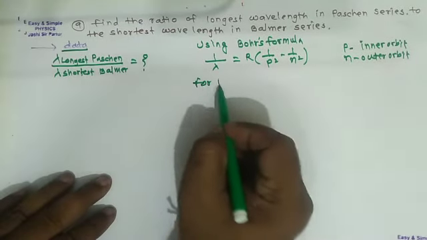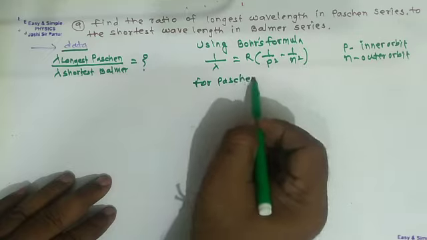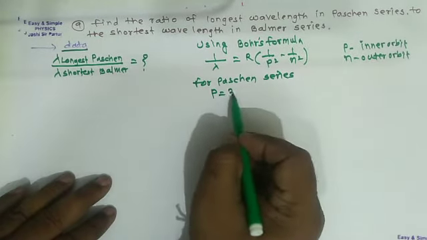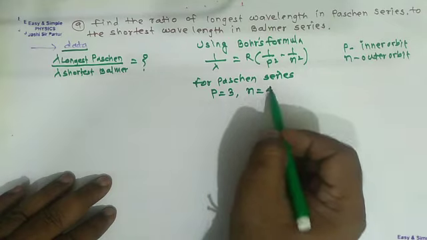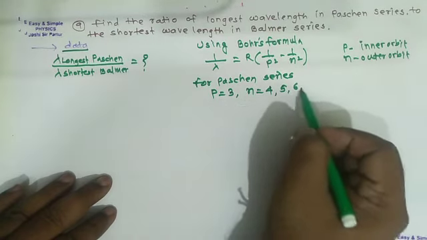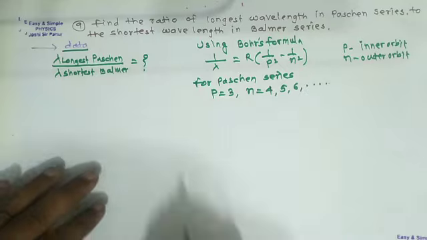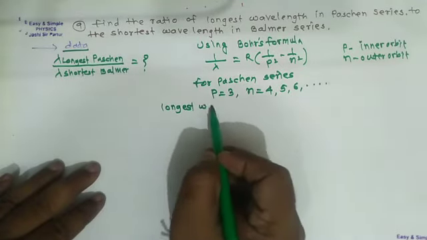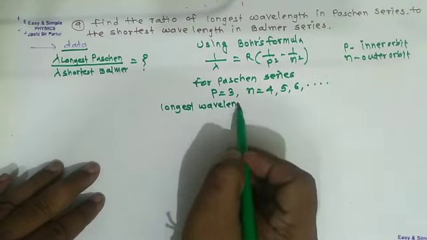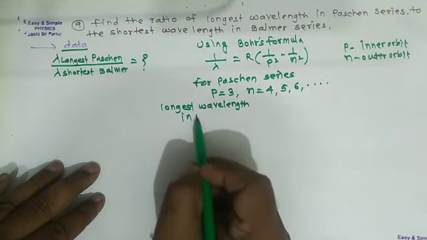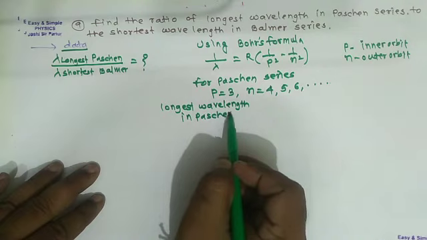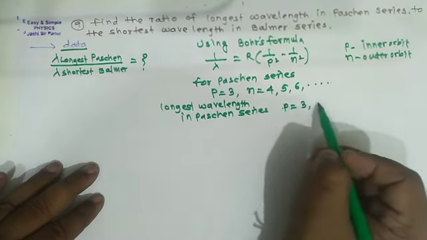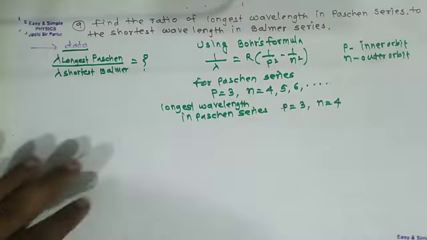For Paschen series, p equal to 3, n equal to 4, 5, 6, and so on. So for the longest wavelength in Paschen series, p equal to 3, n equal to 4.